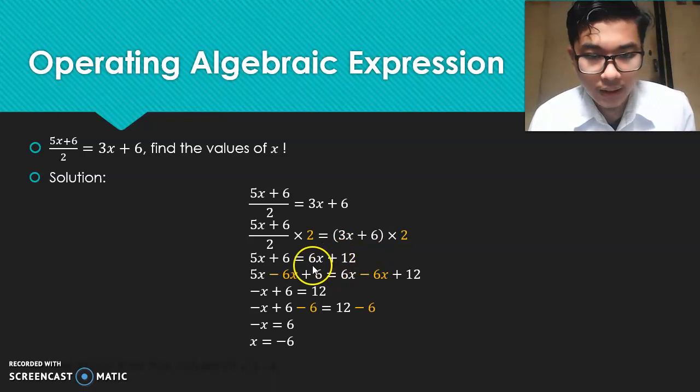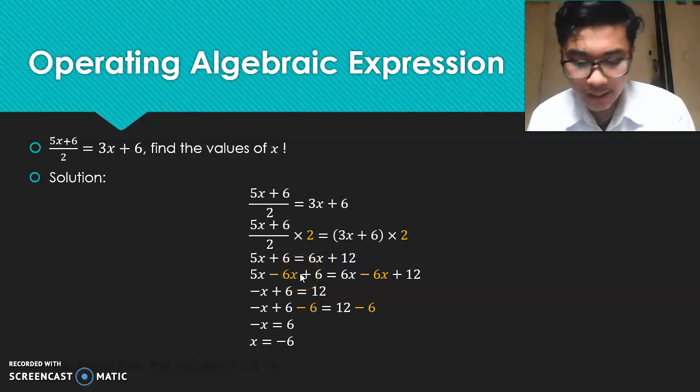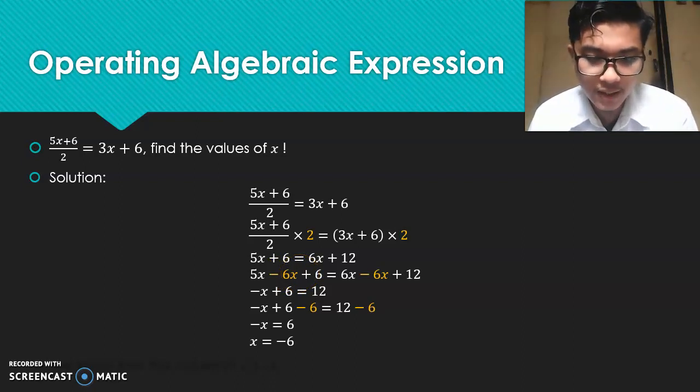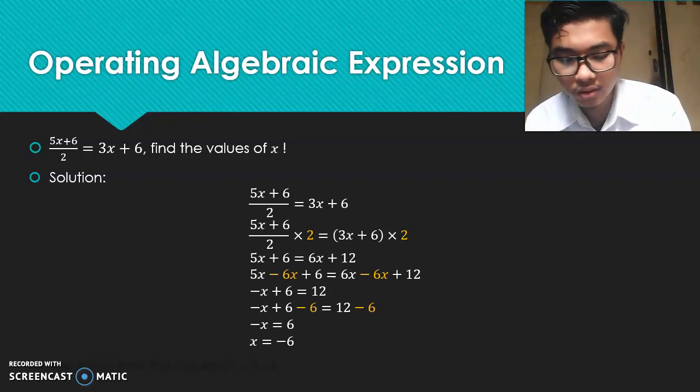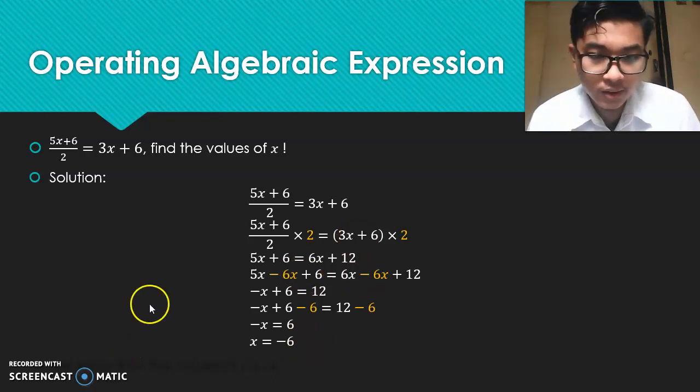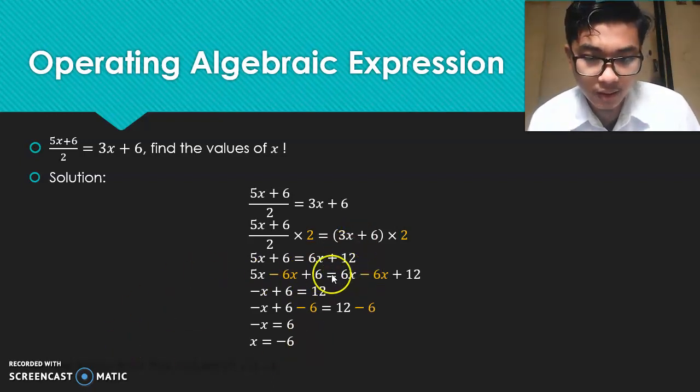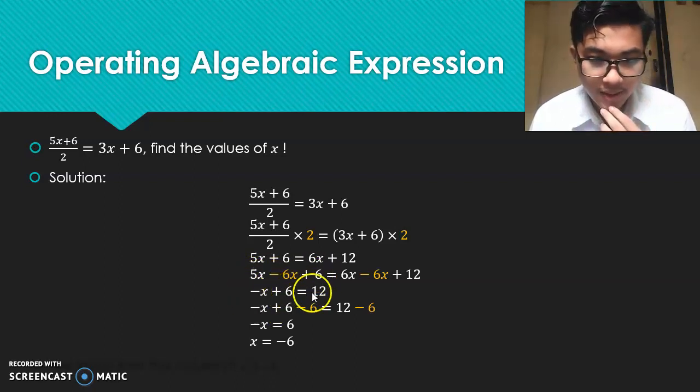Okay, and then we need to find x only on the left side, and the constant or number on the right side. So we need to remove this variable on this side, so we subtract 6x, so it's gone. Then this one is 5x minus 6x equals minus x plus 6.